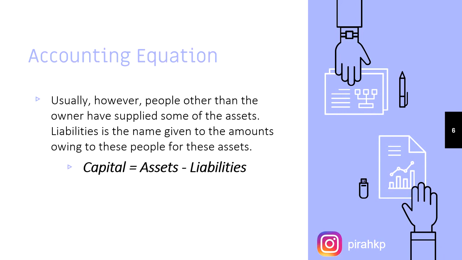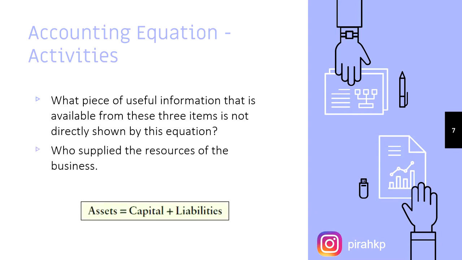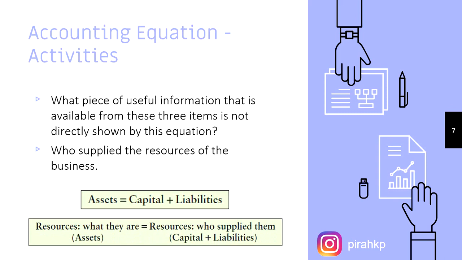Now we are doing some question answers, and I think they may appear in your exam, so do concentrate. What piece of useful information that is available from these three items is not directly shown by this equation? Do you remember what we said the first time? Yes, the supply. Who supplied the resources? Who is giving things to the business?